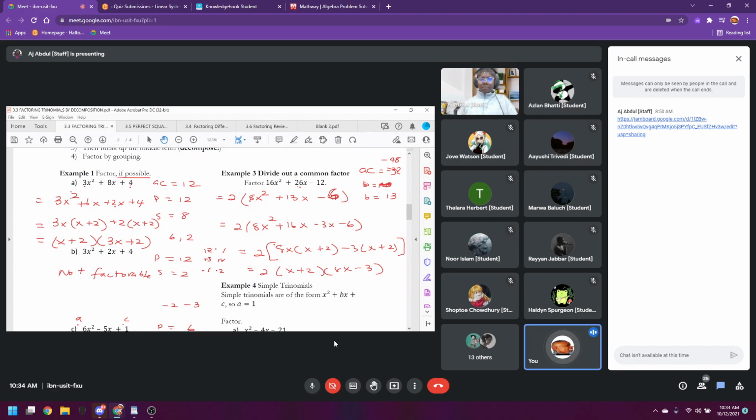I was looking for common factors, and we figured out that there are no common factors for negative 32 and 13. So we went back looking and we get negative 48. We divided the 12 by 2.